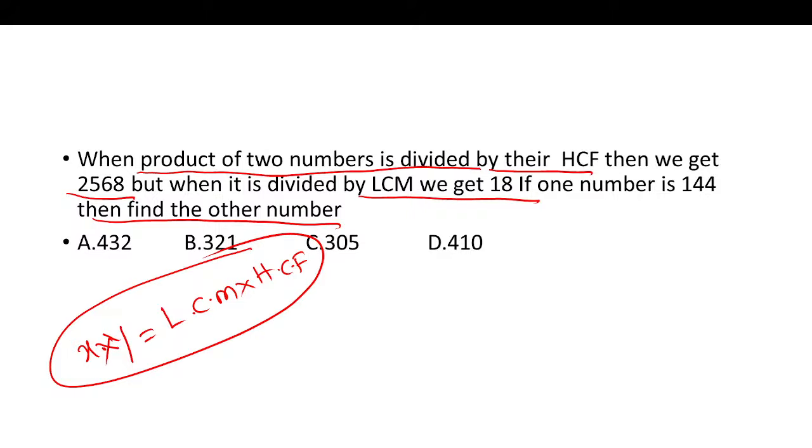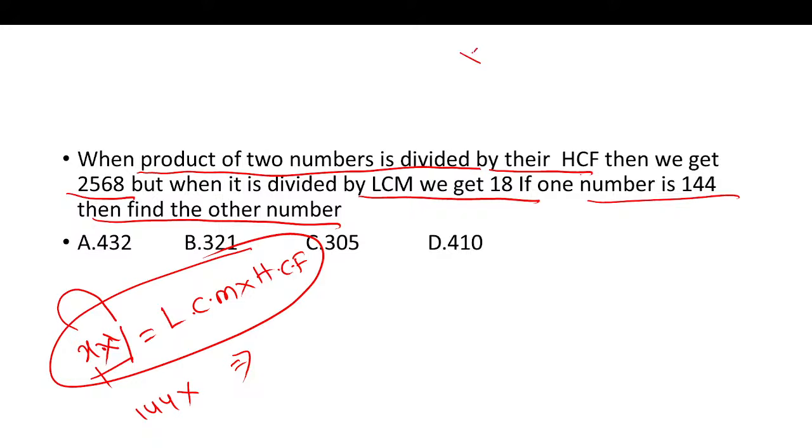If one number is 144, x into y, let us assume x value is 144, and we don't know the y value. They are asking, when the product of the two numbers is divided by their HCF, we get 2568.